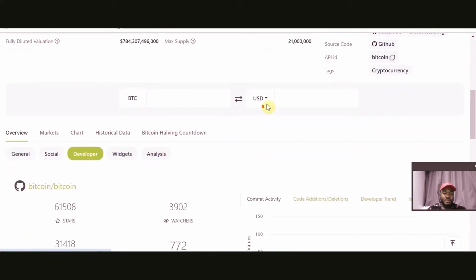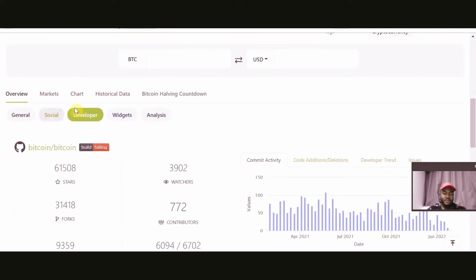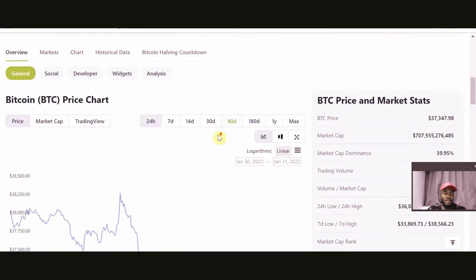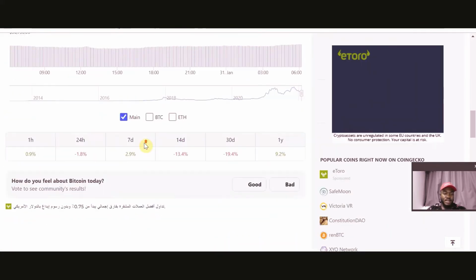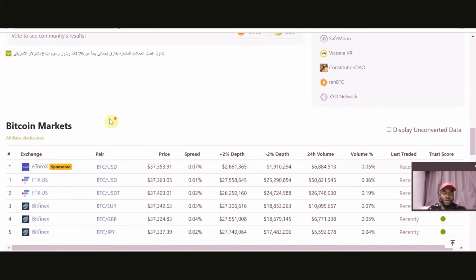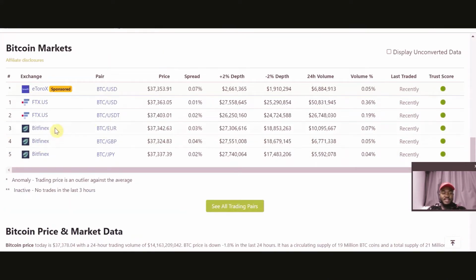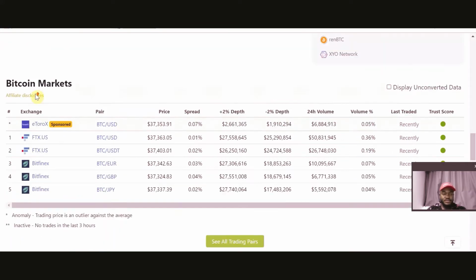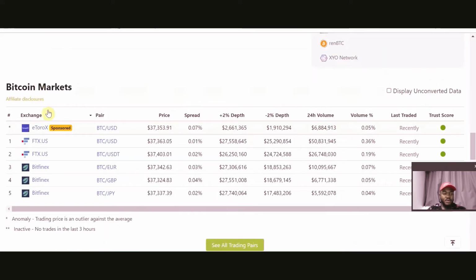The developers of this asset, you can find them here. So all these things are what you need to do while making your fundamental analysis. When you come down, you will see the exchanges that are trading Bitcoin the most as of right now. Bitcoin market, you can see FTX.US is trading Bitcoin.